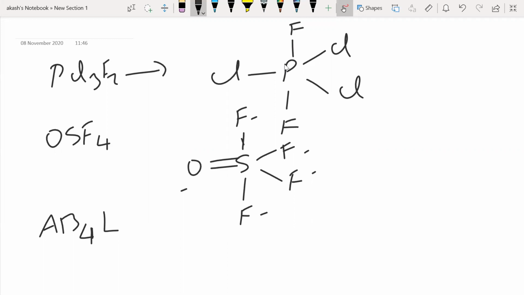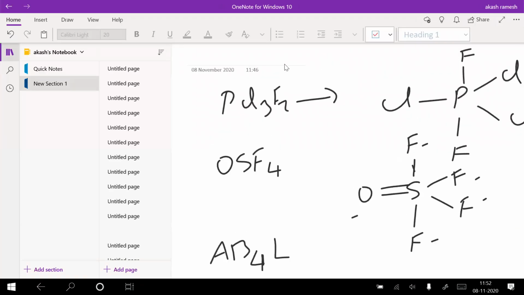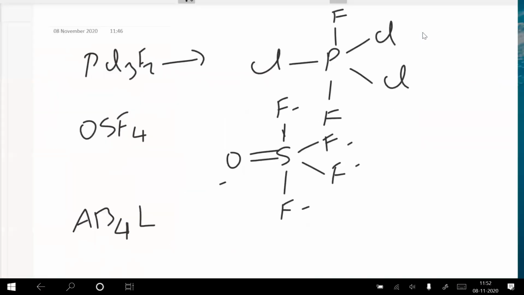So fine. Any example for this AB4L? Can anyone think of any examples? Let me look at the chat. SF4, yes, very good example. Good, Aditi. Yes, SF4 is a very good example.